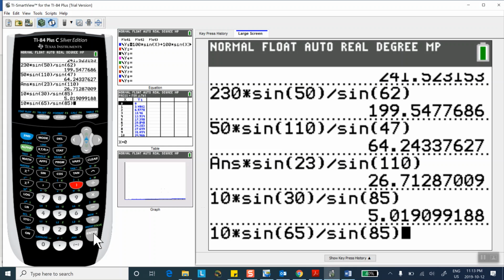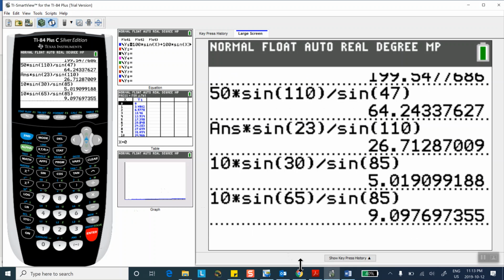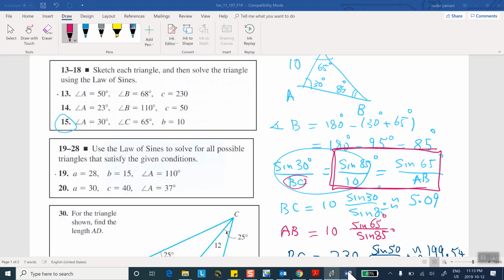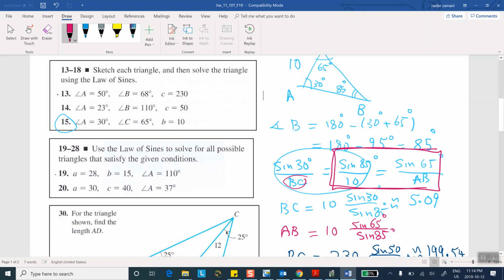Close the parentheses. And you're going to get 9.1 if you round it off. This is approximately 9.1. Okay, so we just found this missing side. All sides and all angles have been found.